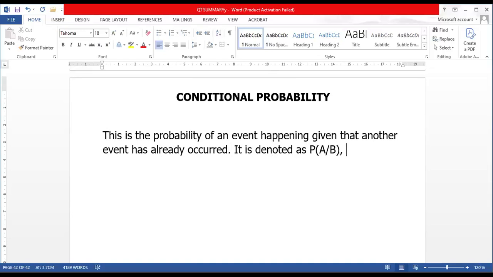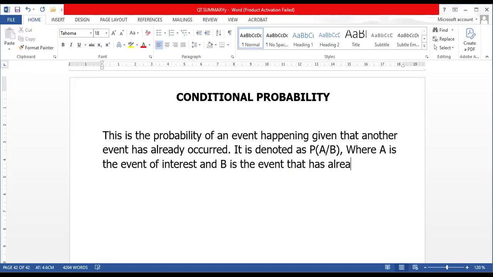A is the event of interest, what you're interested in, and B is the event that has already occurred.